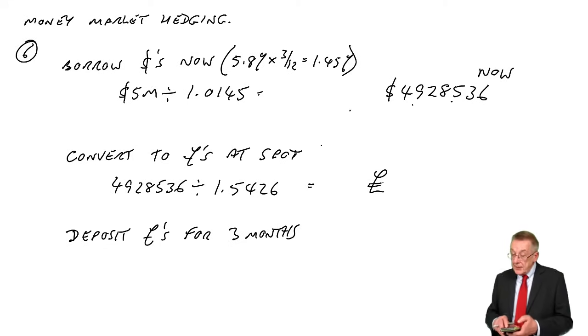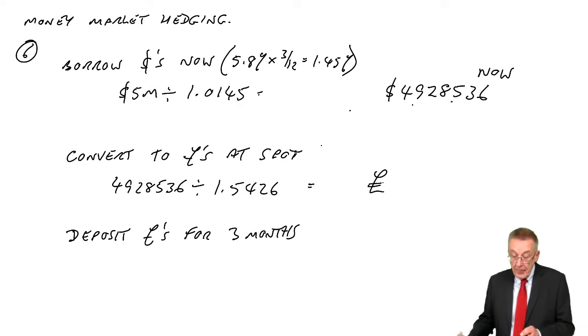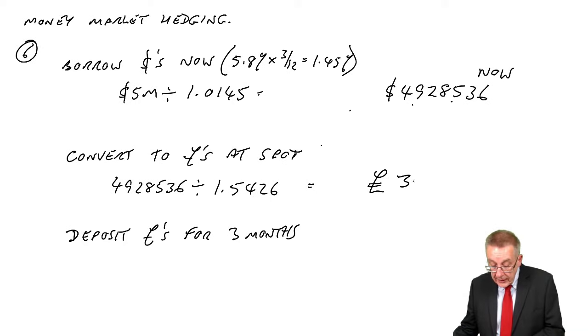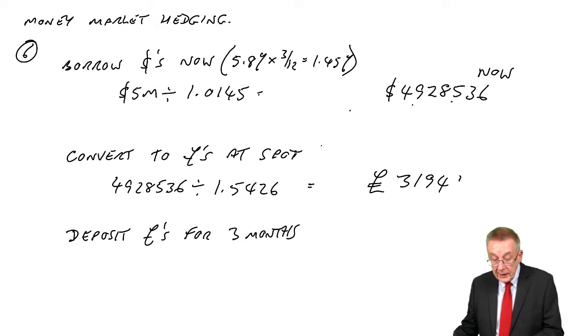Which gives me how many pounds now? $4,928,533.6 divided by 1.5426 is 319,495.4 pounds now.